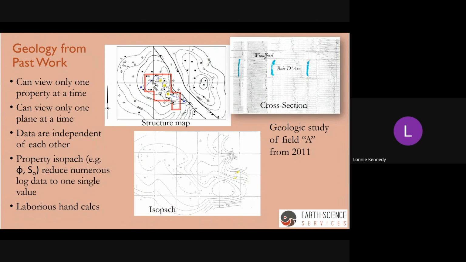What I have to do then is go in log by log. Sometimes there's software that can help you with that, but basically I'm going to find every foot in that sequence that exceeds that threshold. Or I'm going to do an average. I want to know what the average porosity is, so I add all the data up, divide it, and get an average.